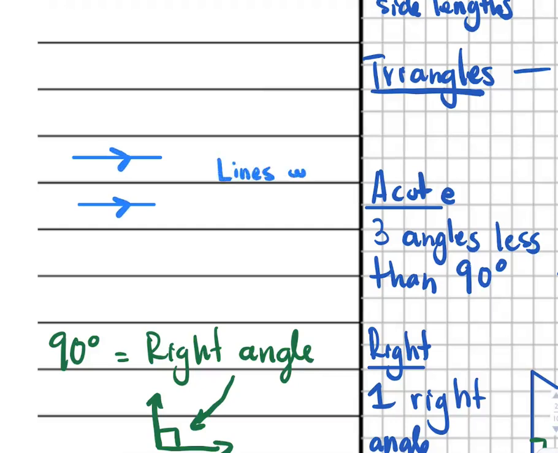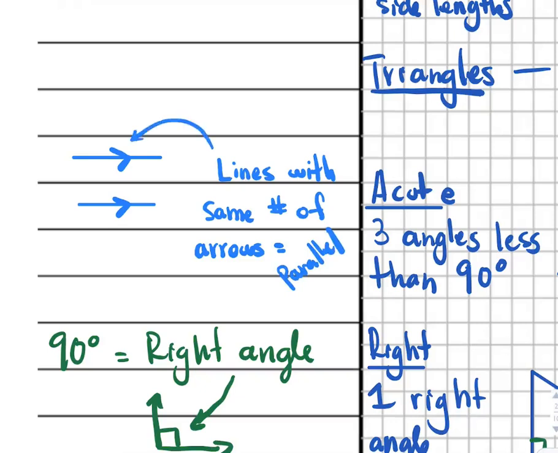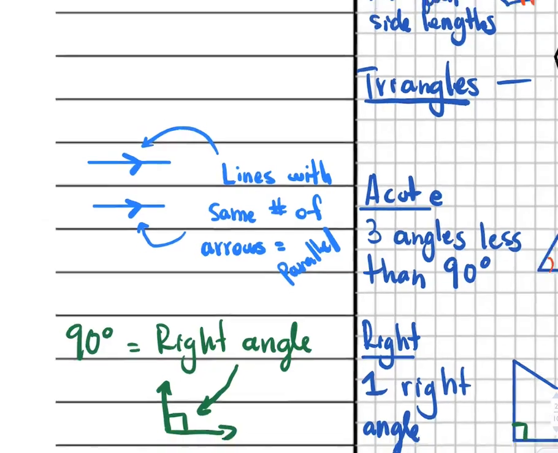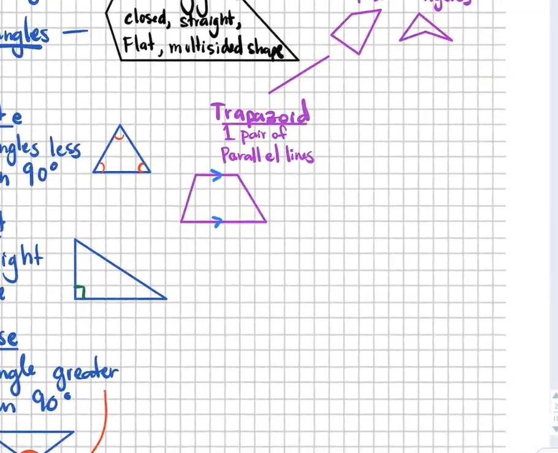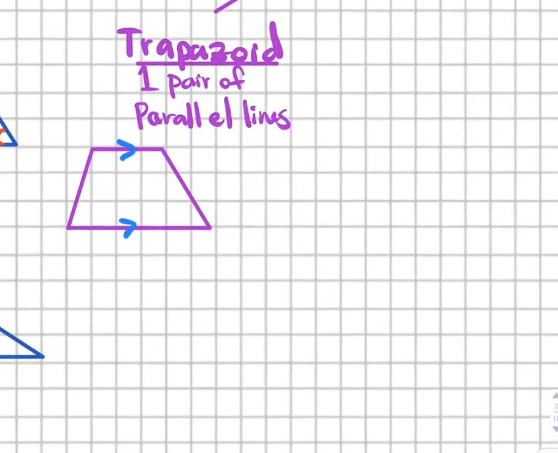Lines with the same number of arrows means parallel. I'm talking specifically about these. So these two lines are parallel to each other. Again, pause the video if you need to, and then continue. So that's a trapezoid. It's a four-sided figure. I have one pair of parallel lines.